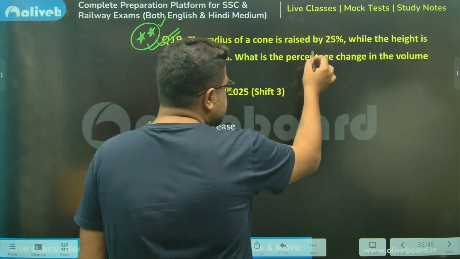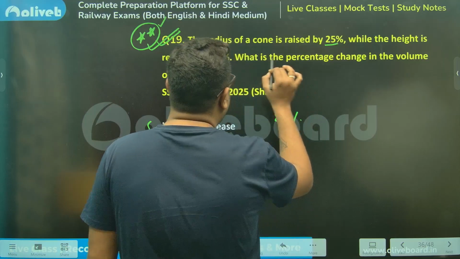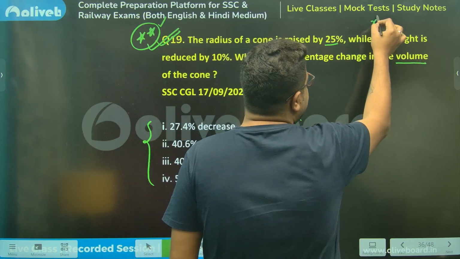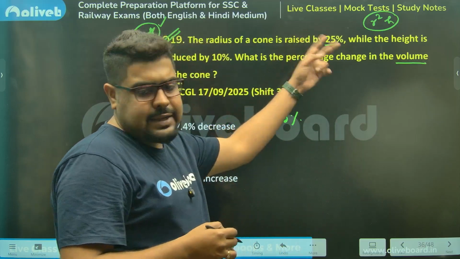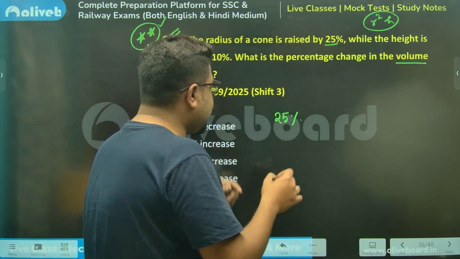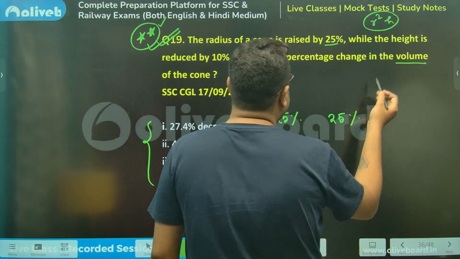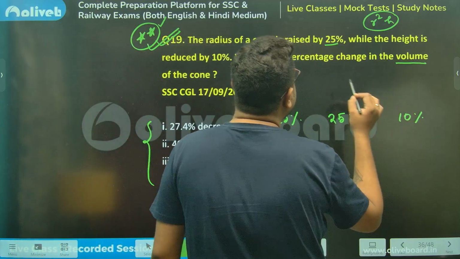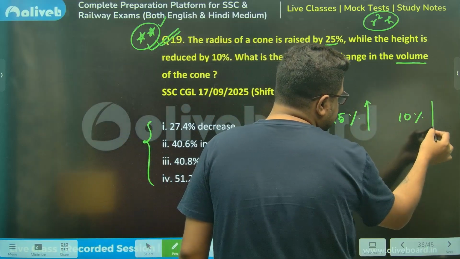So if I use AB theorem, so 25%, volume they're asking, volume change, volume formula is R square and H. I'm not writing the constants, meaning R is twice, then 1 H. So R is twice meaning twice change of R and then one change of H. This is 10.